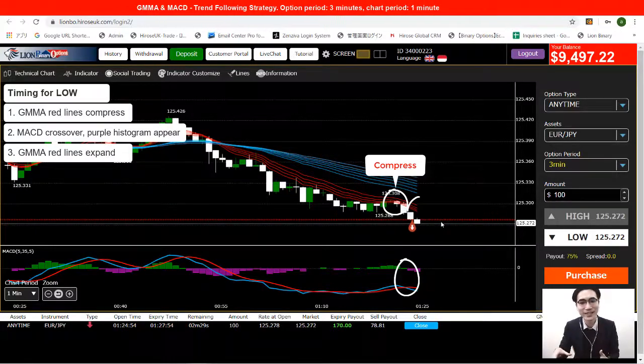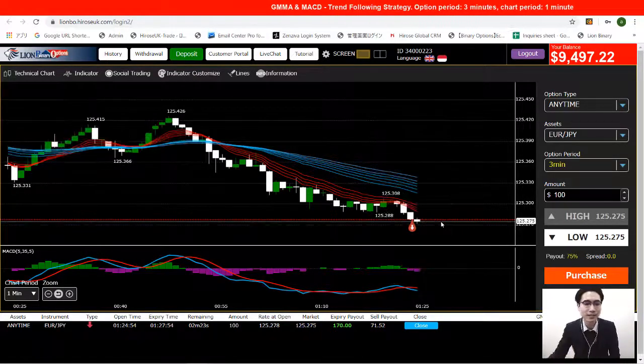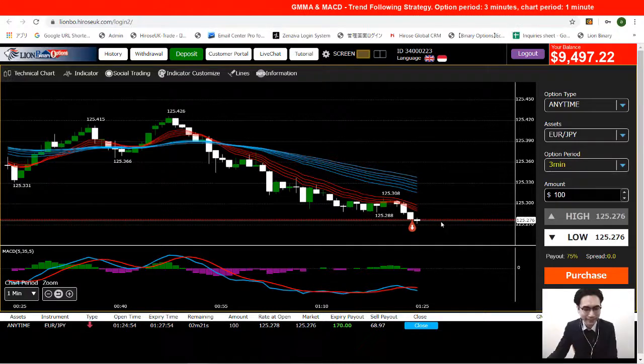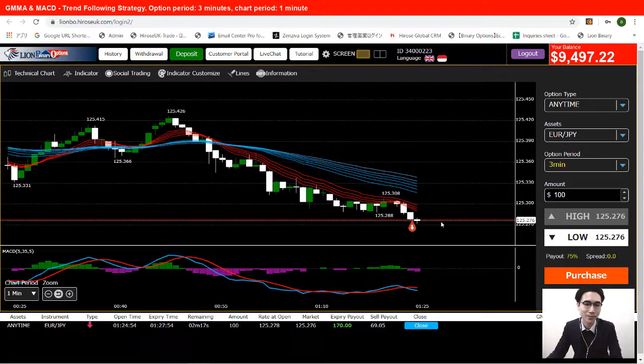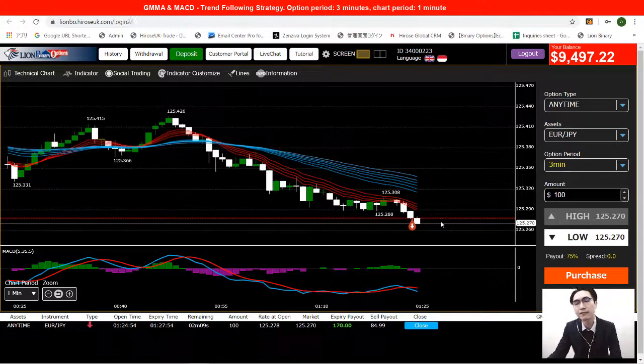Then I go back to the GMMA. If the red lines start to expand, then I will open a trade. That's pretty simple. The most important thing here is to identify a compression and expansion in the red lines of the GMMA. As long as we can identify that, it is quite easy for us to open a trade.